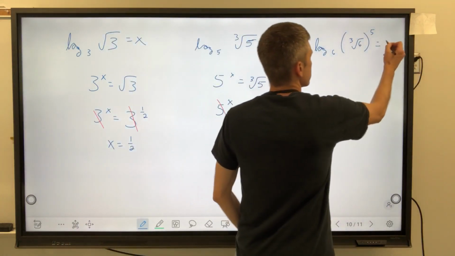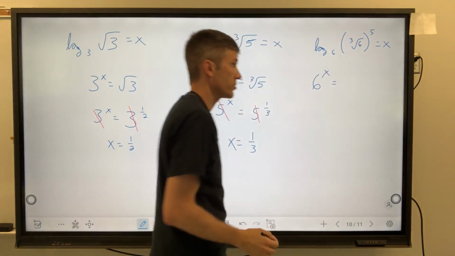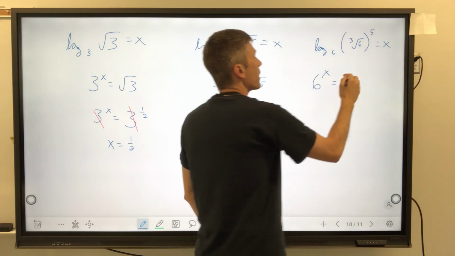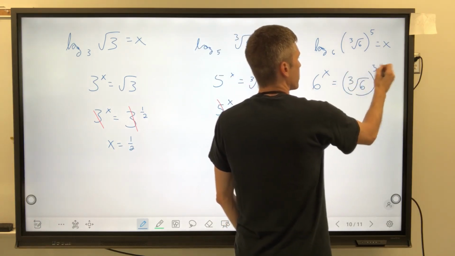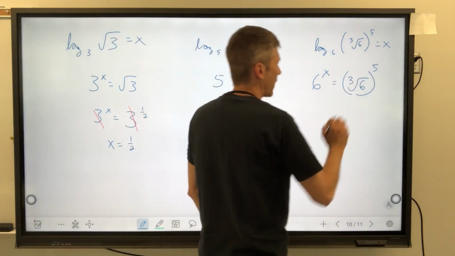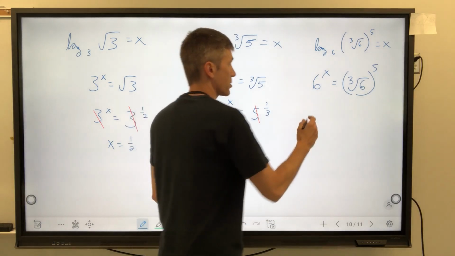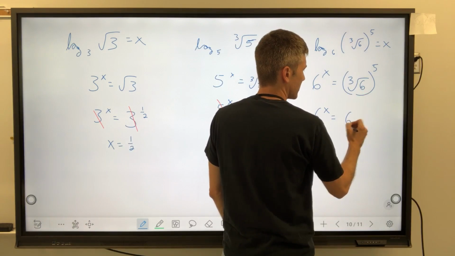Let's do it. Equals x. 6 to some power is equal to, and this is just a rewrite, cube root of 6 all to the 5th power. Okay, fair enough. We still haven't figured out what to do with that 5 yet, but we're going to get there. So 6 to some power gives me, okay, well, this is 6 to the 1/3.